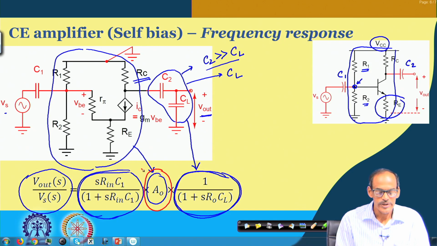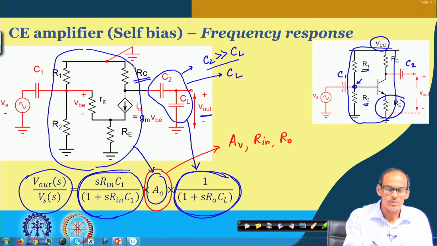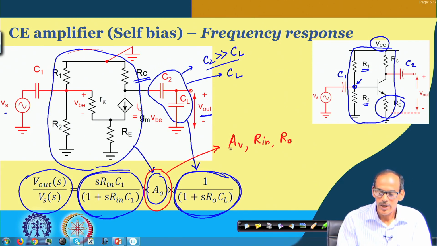So, let us see the analysis of this core portion. What we are looking for is the voltage gain AV, and then R in and R out. Let us go into detail on this circuit to get these parameters.